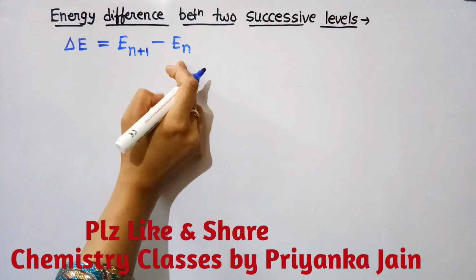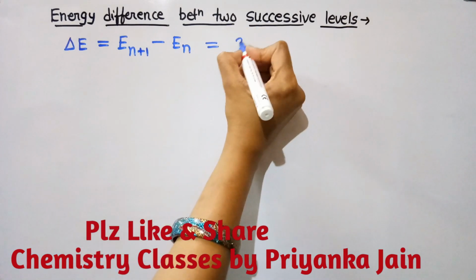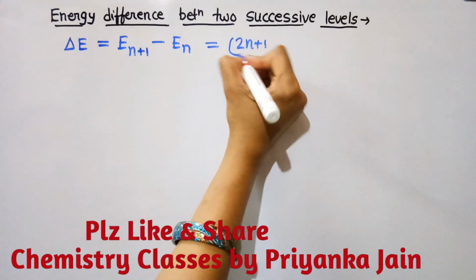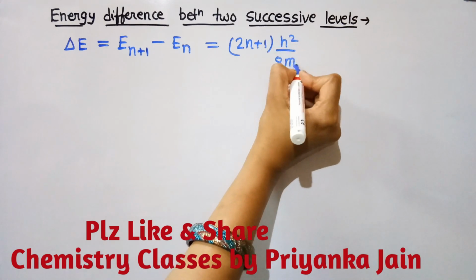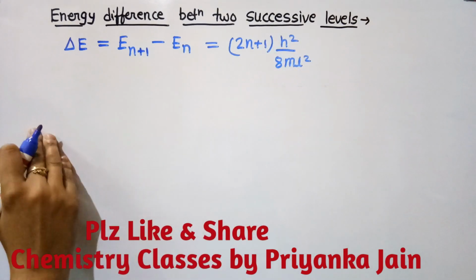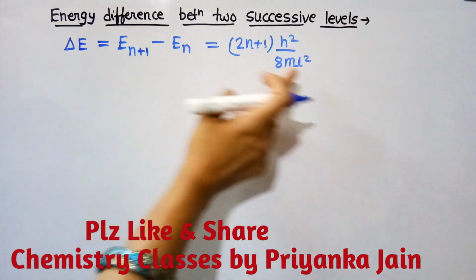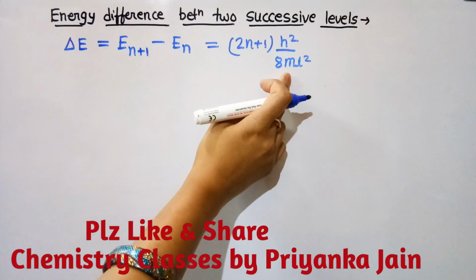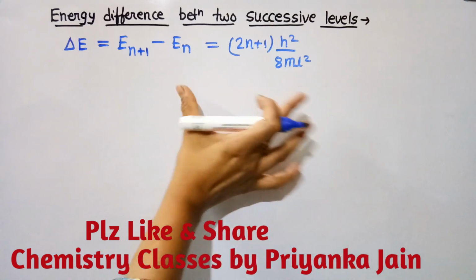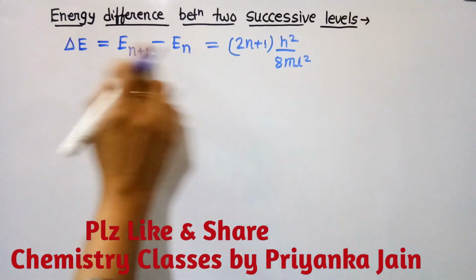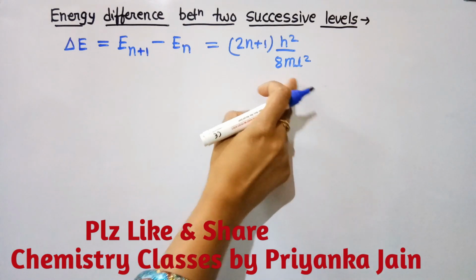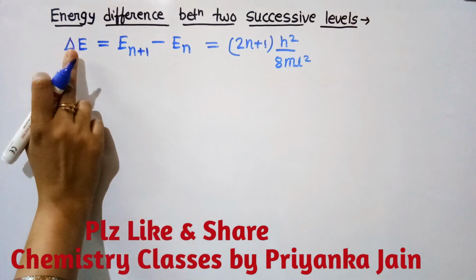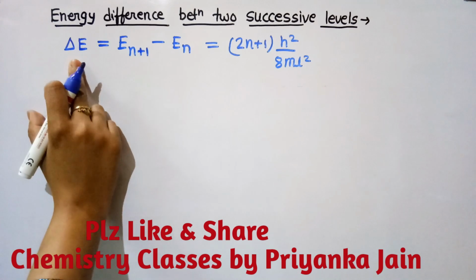En plus 1 minus En will be equal to 2n plus 1 h square upon 8 ml square. Now you can see from here, this energy difference is inversely proportional to L and m. It means as the length of the box increases, this energy difference will decrease, and as the mass of the particle increases, then also the difference between two levels will decrease.